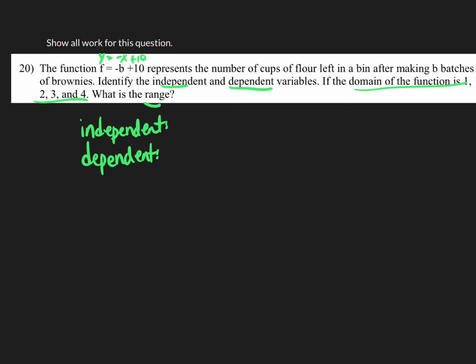So F is the cups of flour. Flour depends on batches of brownies. So y depends on x. So dependent is the number of batches of brownies.